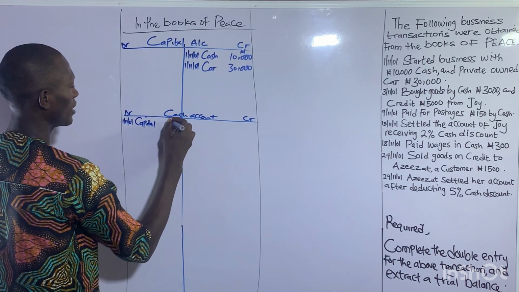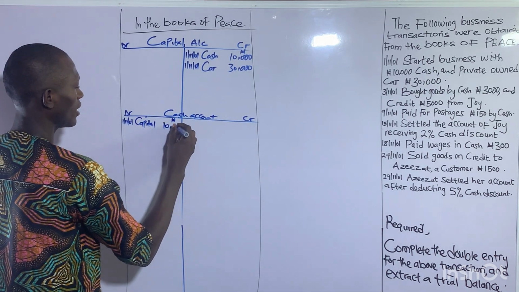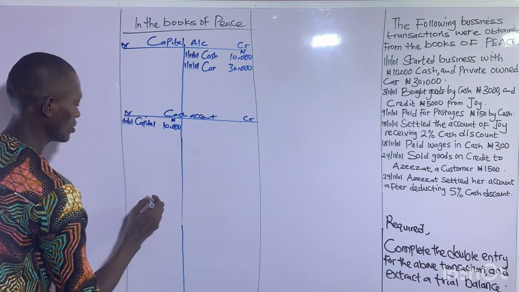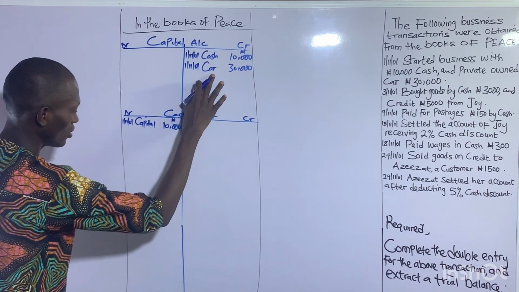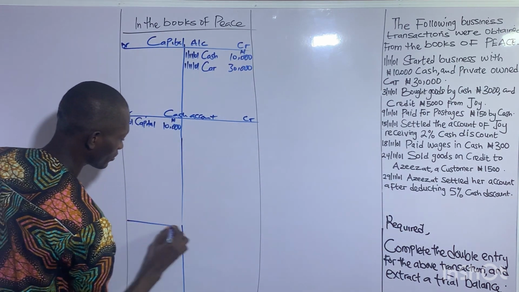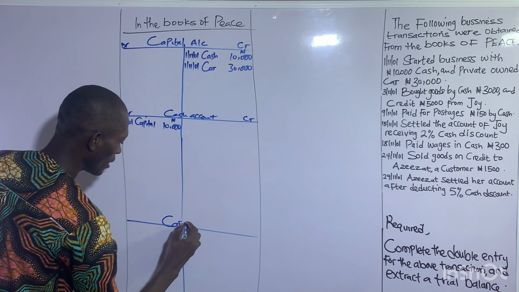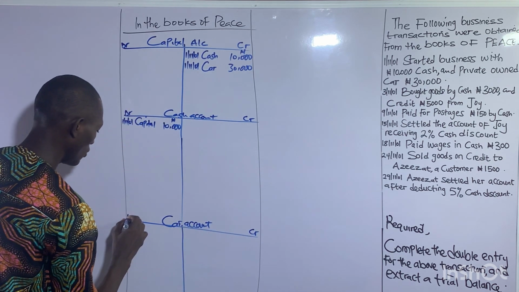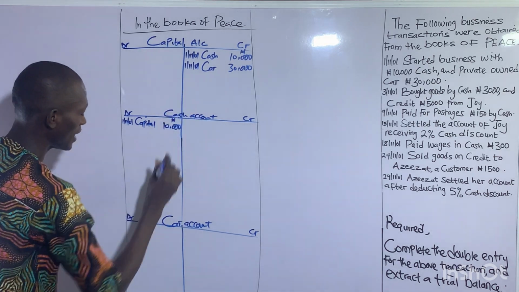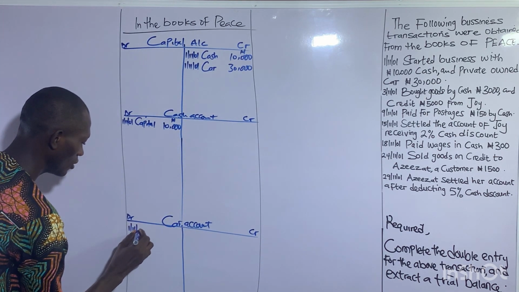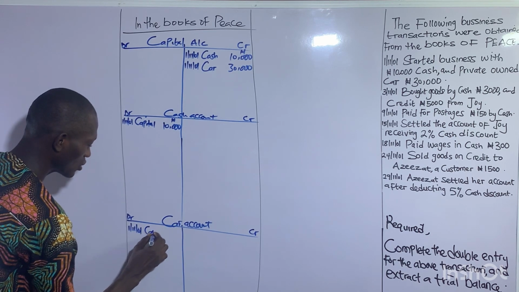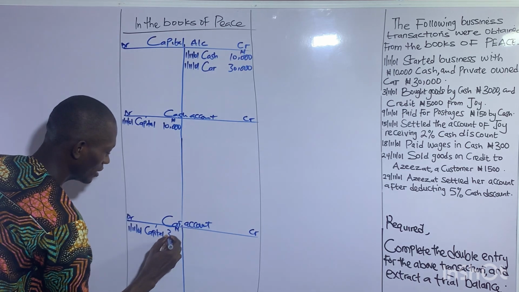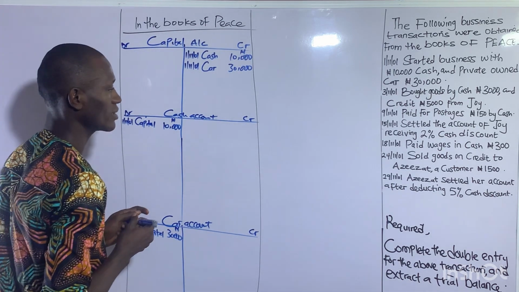Then the car account: we have the credits and the debits. We are going to debit it, and the date is 1/11/01. The particular will be capital because we are recording from the capital account. So that's 30,000.